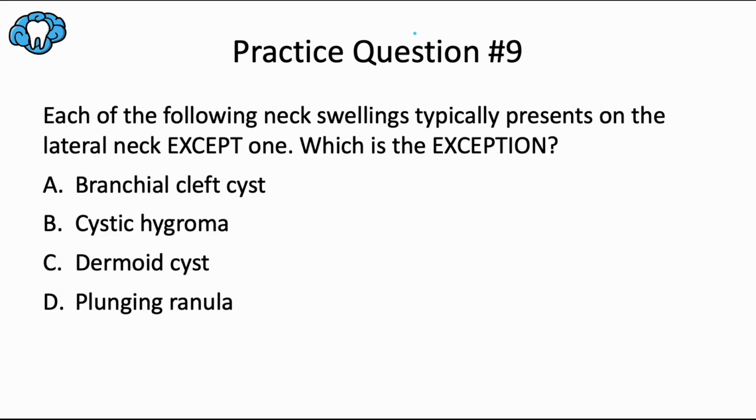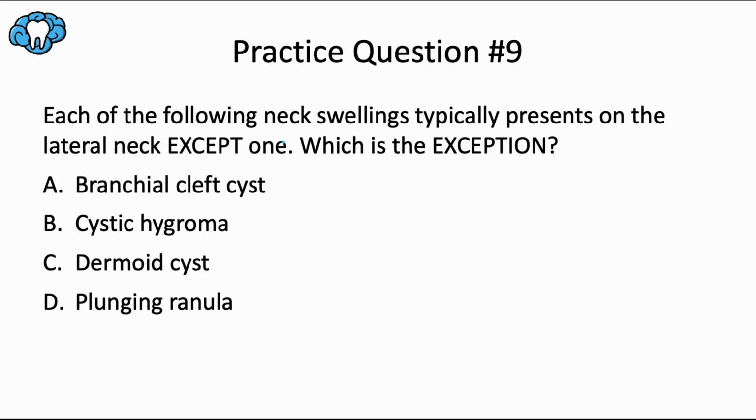Practice question number 9. Each of the following neck swellings typically presents on the lateral neck except one. Which is the exception? So go ahead, pause the video, think through this question, and then we'll go over it together. So here we're incorporating some information from both the oral lymphoid tissue and cysts video of this developmental disturbances chapter.